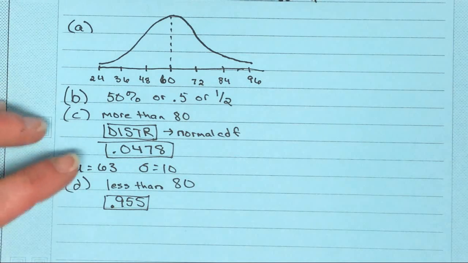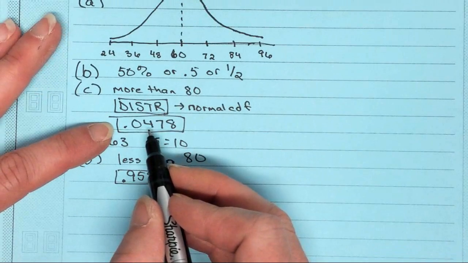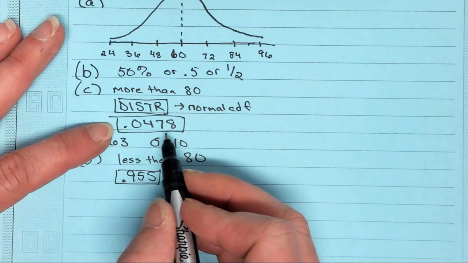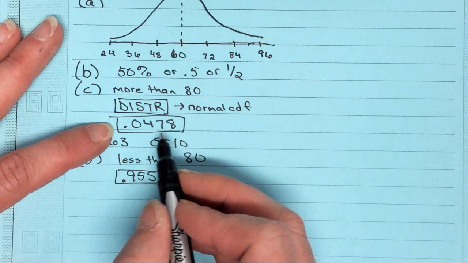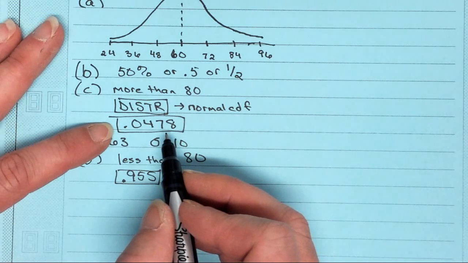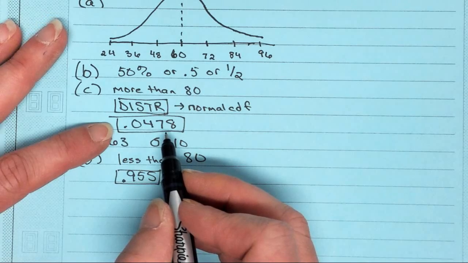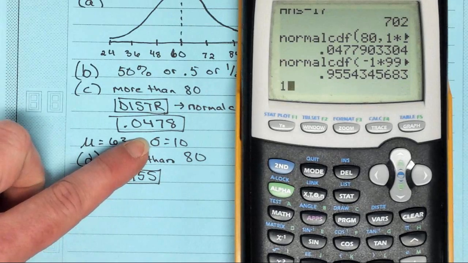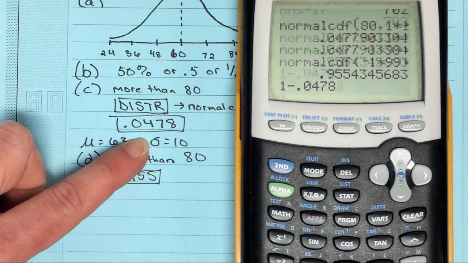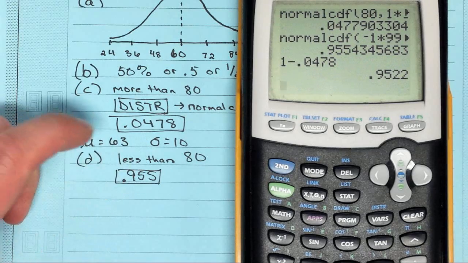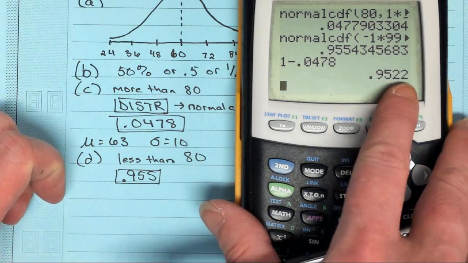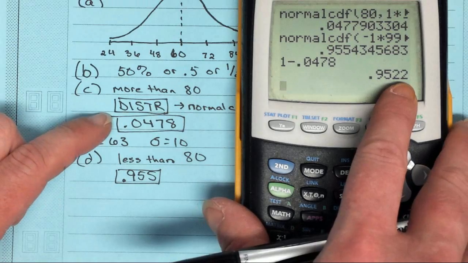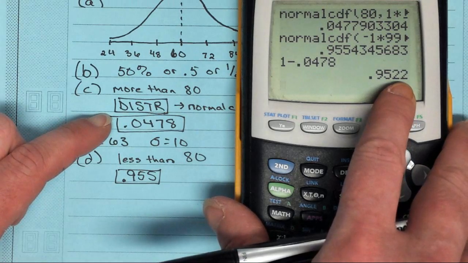Okay, so more than 80 was 0.0478, right? So how many people scored less than 80, or what percentage on this one? So 1 minus 0.0478. 0.959522 scored less on the chemistry test.